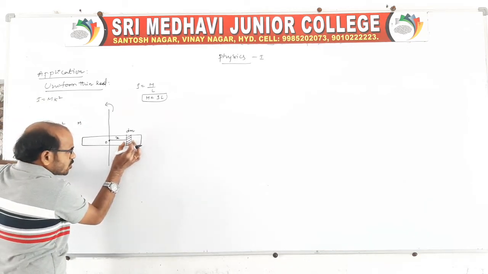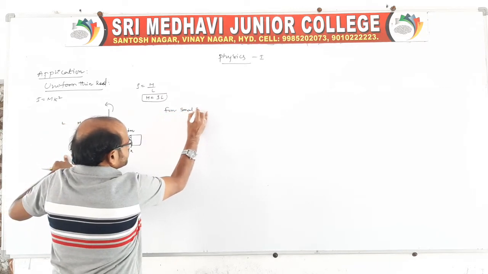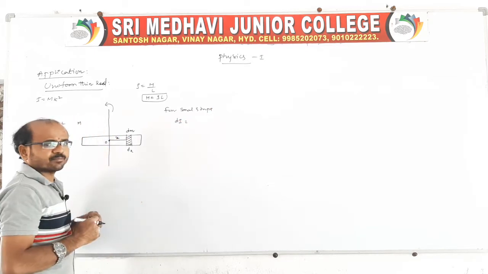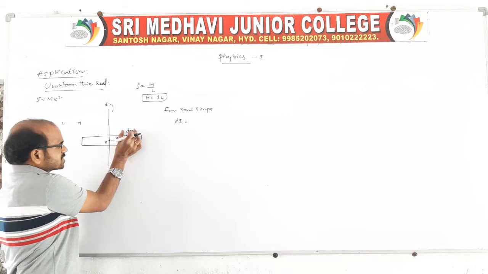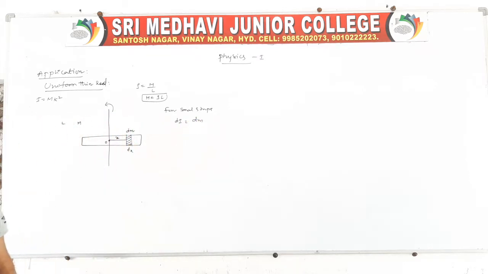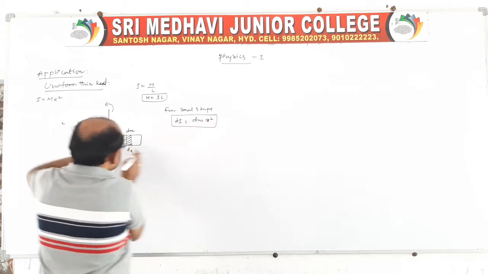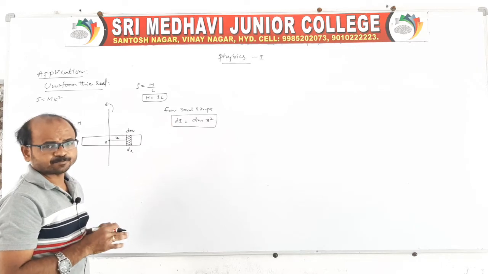For this small strip, dI is equal to dm into x square.